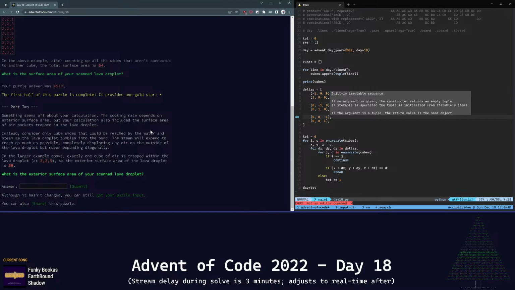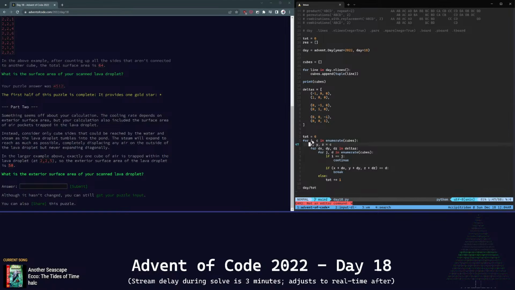Exterior surface area of the surface, not air pockets. The cooling rate depends on exterior. Oh, I see, if it's internal. Consider only cube sides that could be reached by the water and steam.